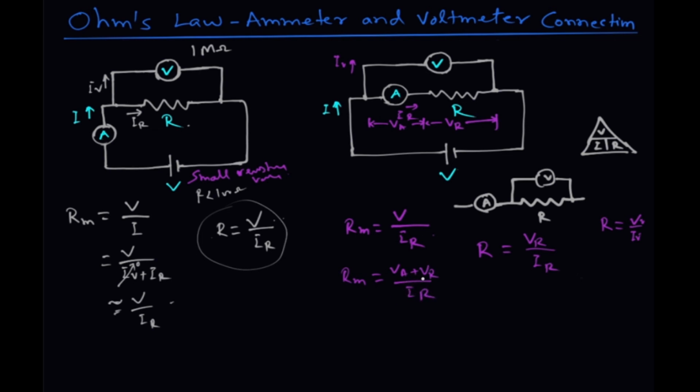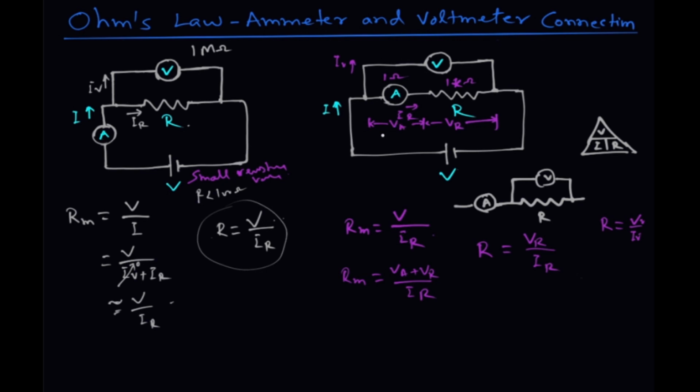IR is alright, and what is VA? It should be VR divided by IR, but this component is coming in, and if the resistance of the ammeter is very small in comparison to this resistance, then there will be very little voltage drop. Usually the ammeter resistance is low, that may be around 1 ohm, so if the resistance is 1 kilo ohm, that means 1000 ohm, then this voltage will be 1000 times this voltage.